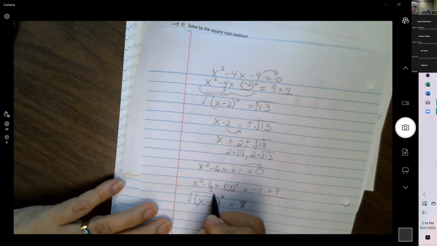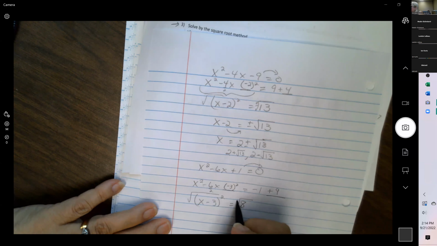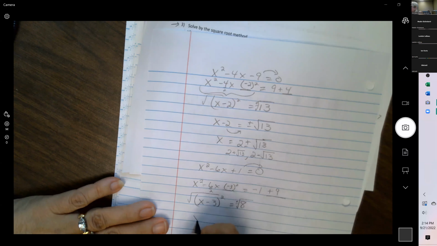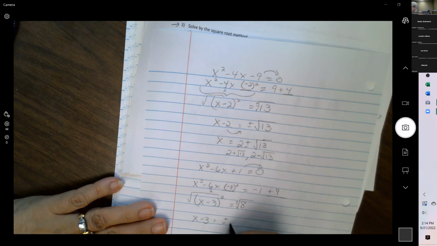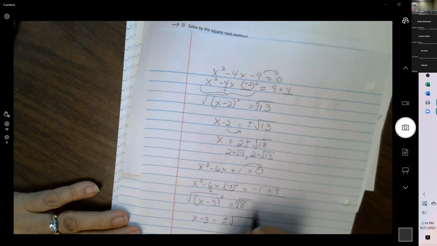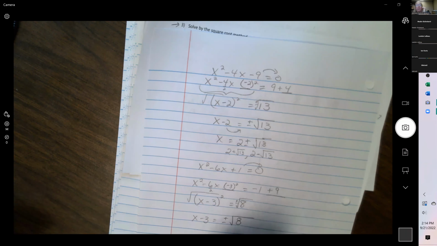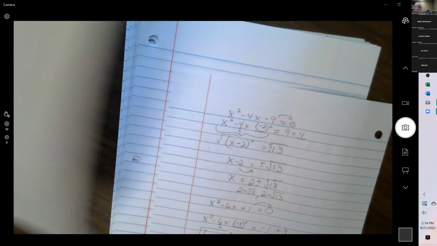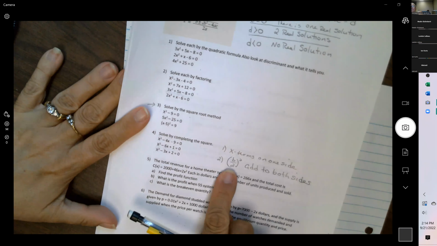Take the square root of both sides. Remember, plus or minus. So x minus 3 equals plus or minus the square root of 8. Now, the square root of 8 has a perfect square in it, so we have to simplify that. According to the formula, it will always be divided by 2.